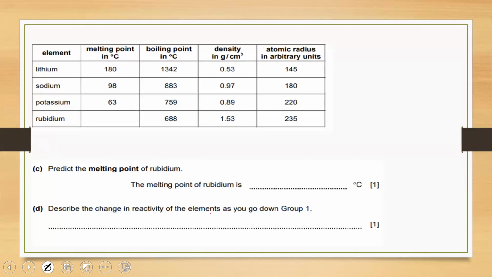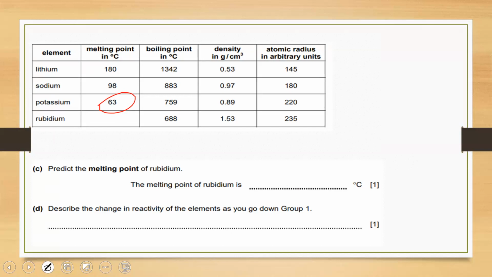Now we have to predict the melting point of rubidium. Since we know that melting point decreases, we must have a value that is less than 63.